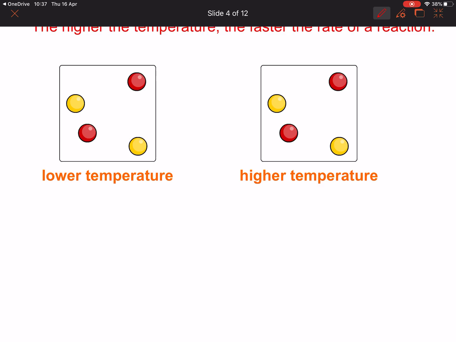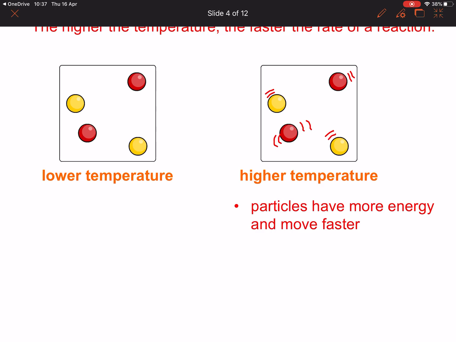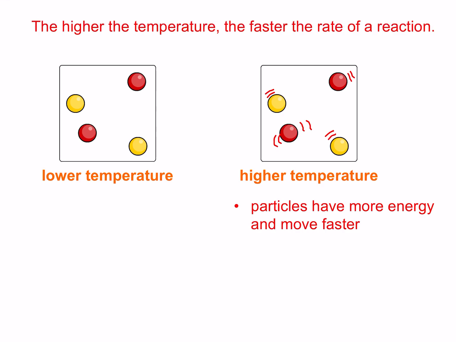I like to put my little vibration marks on them. I know the ones at a low temperature would still be moving as well, but at a higher temperature the particles have got more energy and they are moving faster.